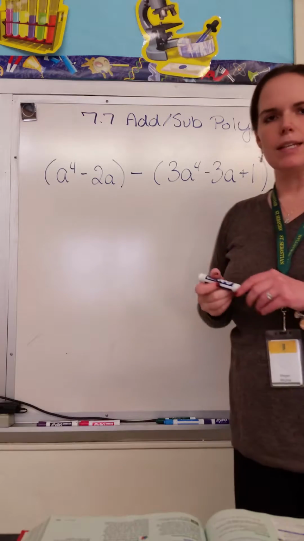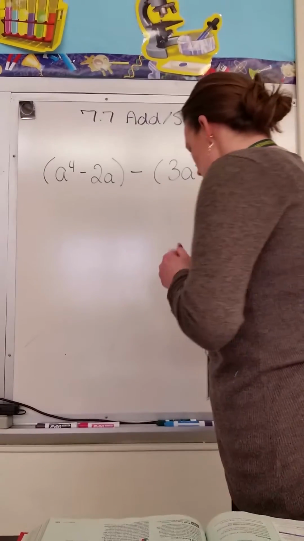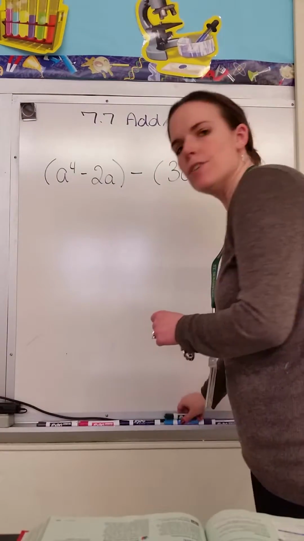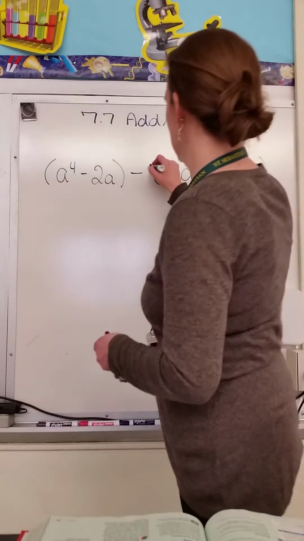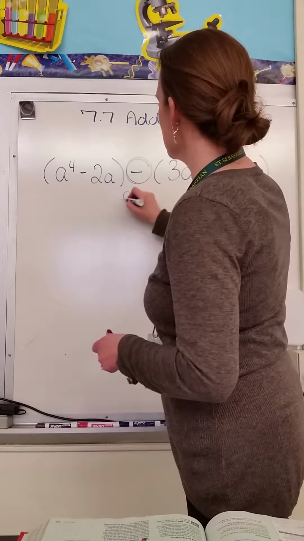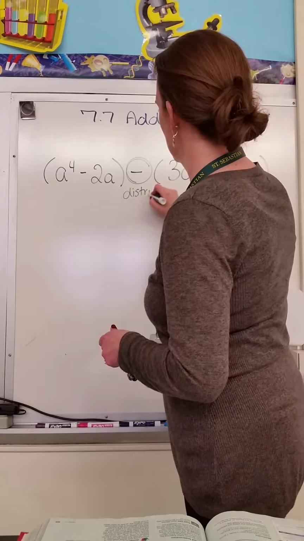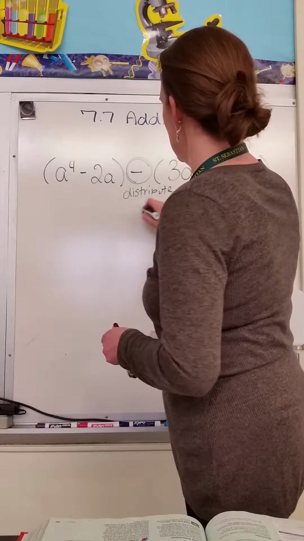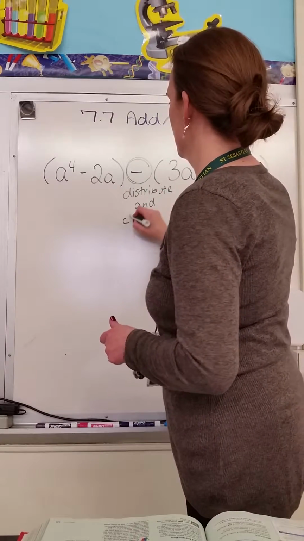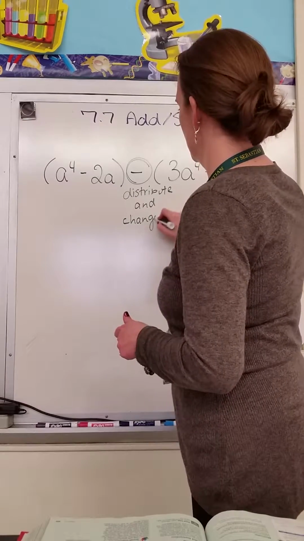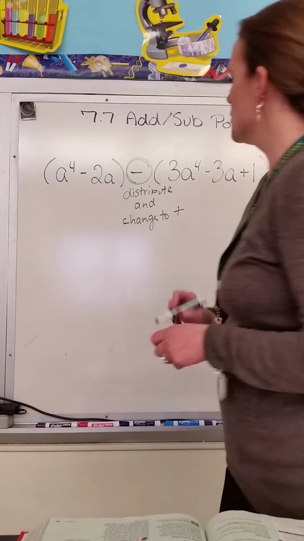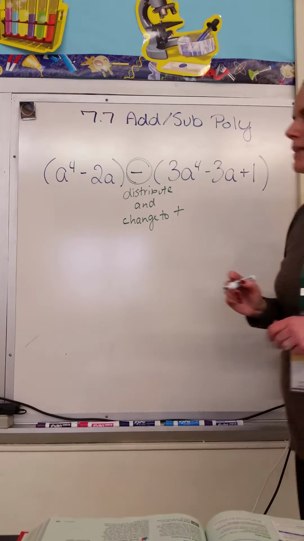Now that I see there's nothing combining, what you're going to do whenever it's subtracting, you want to distribute and change to adding. So here's what I mean by that.